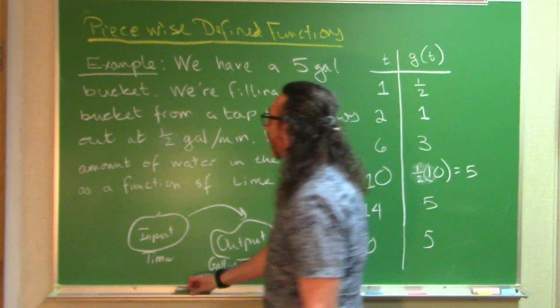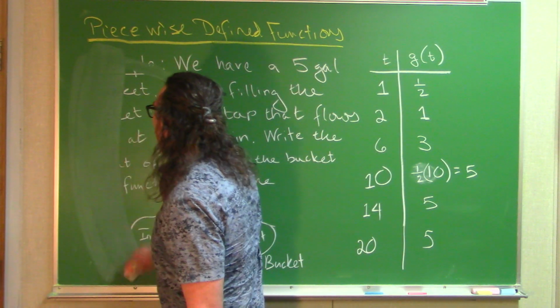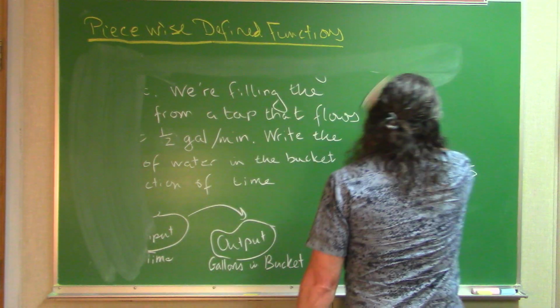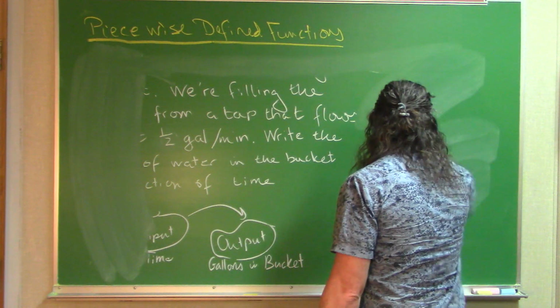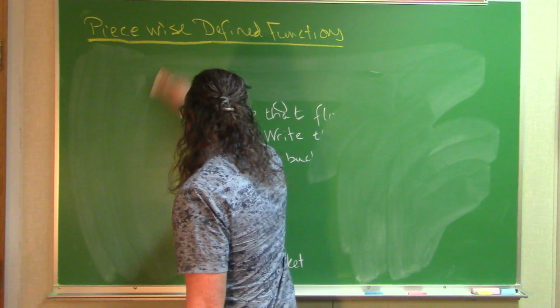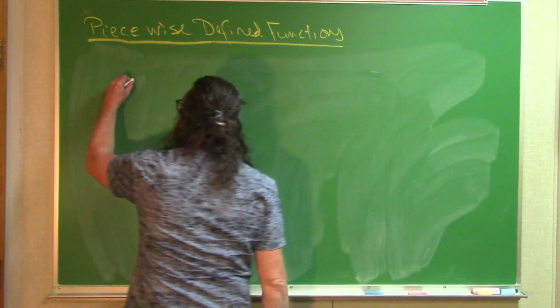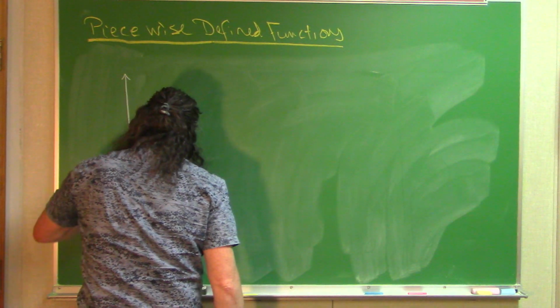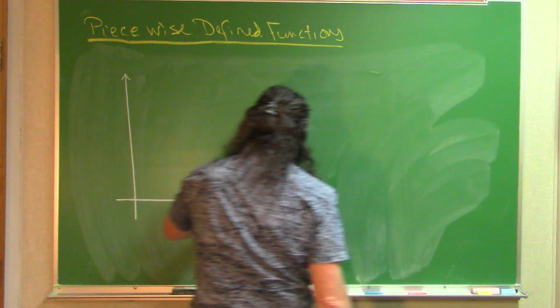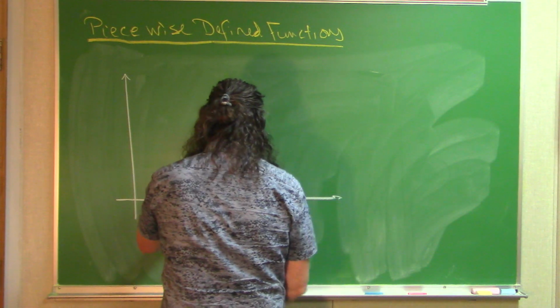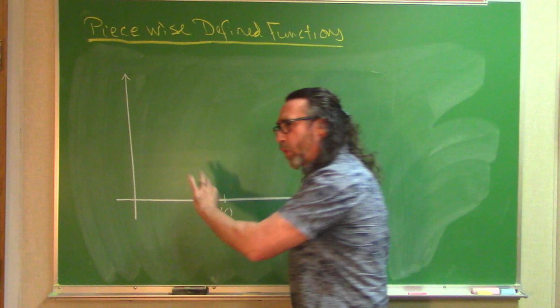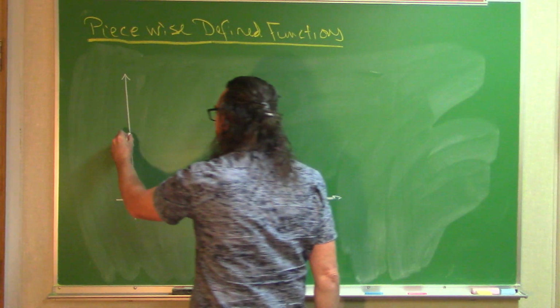If I were to draw a graph of this function, it would look something like this. 10 is the important place for this function.